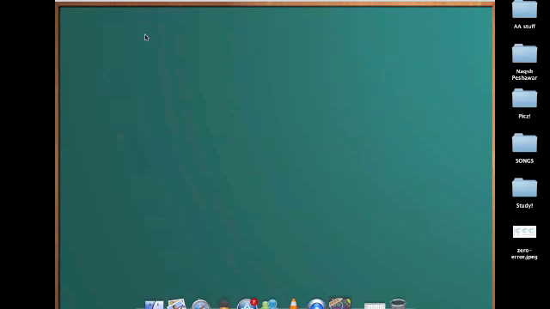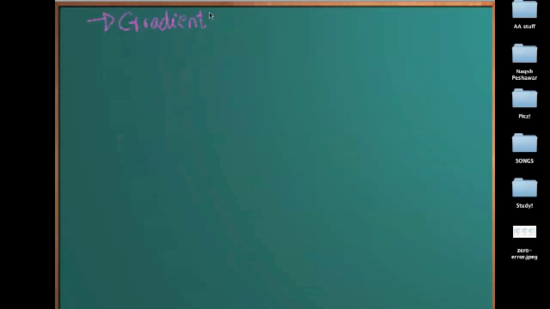Hey guys, in this lecture we'll be talking more about some gradient problems here. Okay, so we know what gradient is from the earlier video. Gradient is simply change in y, change in the height. For example, if this is the vertical height, change in vertical height.